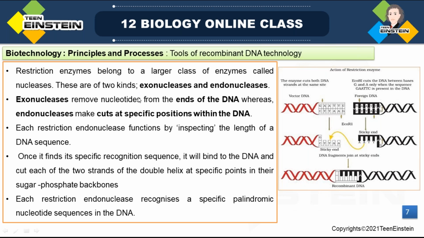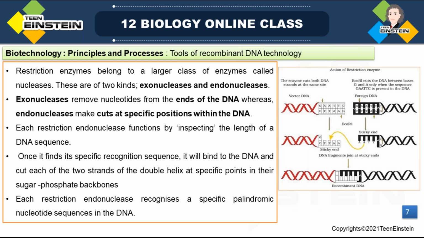So the restriction enzyme belongs to a larger class of enzymes called nucleases, and there are two types, exonuclease and endonuclease. Exonuclease removes nucleotides from the end of the DNA, but endonuclease makes cuts at specific positions in the DNA. Those specific positions are called recognition sites.